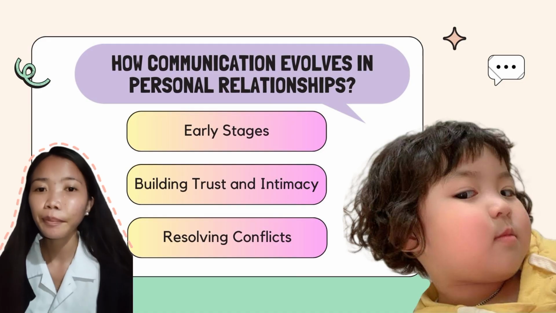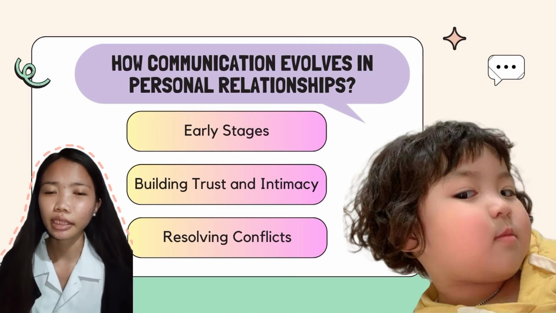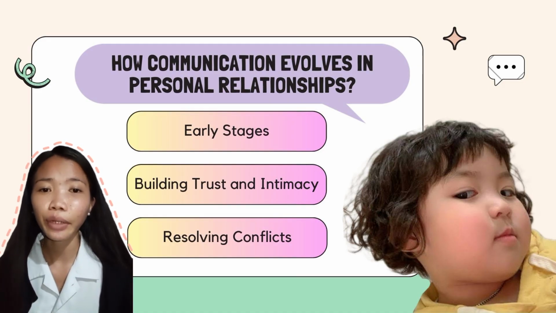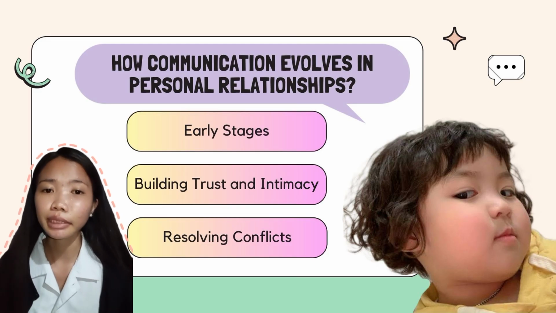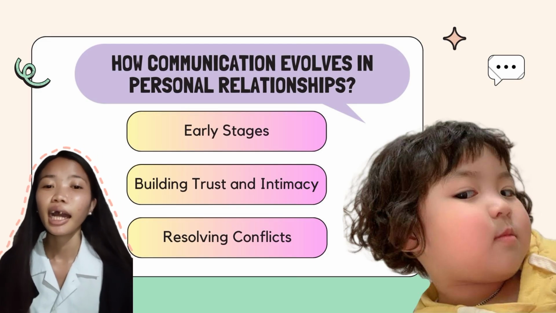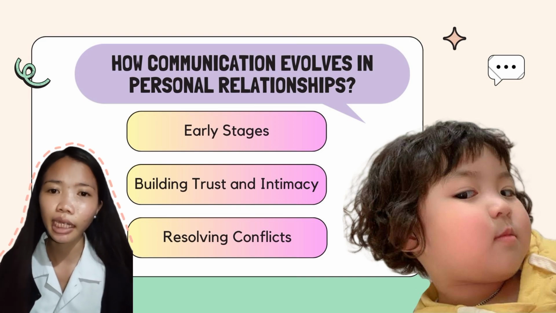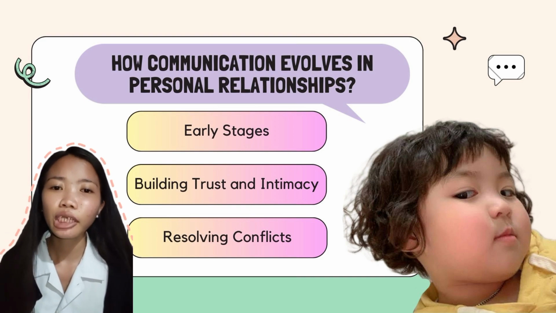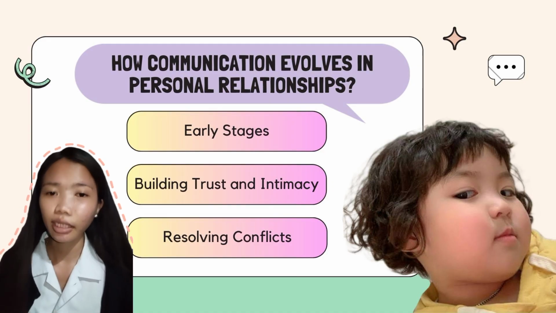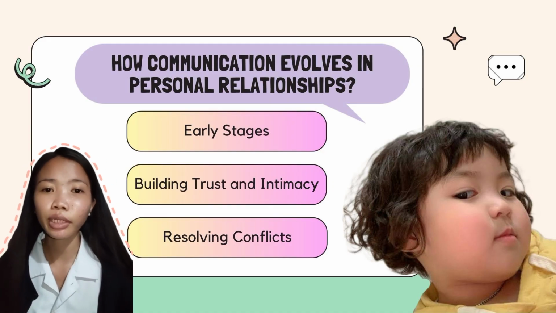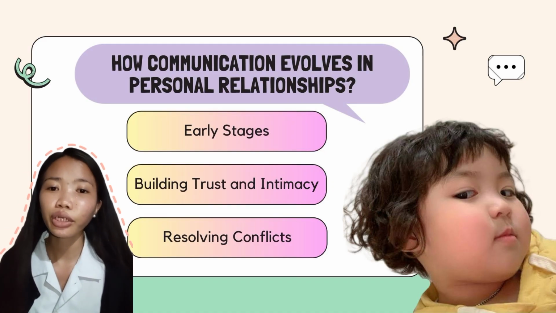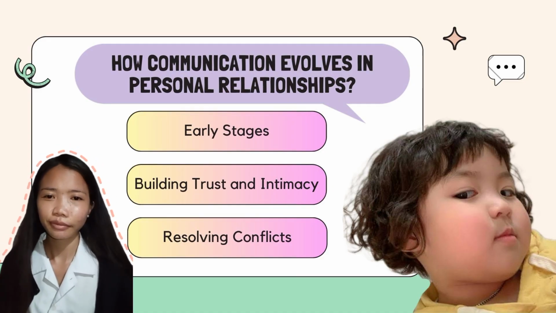The second is building trust and intimacy. The model highlights the importance of trust and intimacy in communication. As individuals share more of themselves and build trust, their communication becomes more open and authentic. This allows for deeper understanding and stronger emotional bonds.